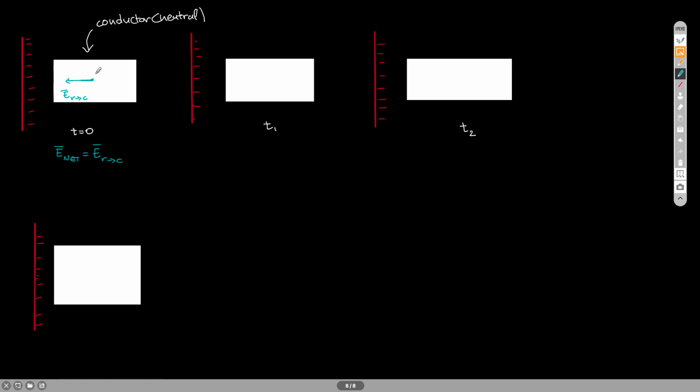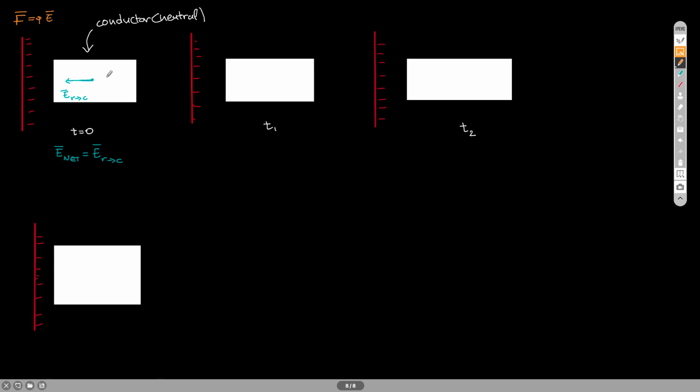Now, at this moment in time, I know that I have mobile electrons free to go anywhere in this conducting object. Now, because the electric field points to the left, and from theory, I know that F equals QE, for my mobile electron, if the net electric field points to the left, and my electrons have a negative charge, that means the electric force on those mobile electrons will point to the right.